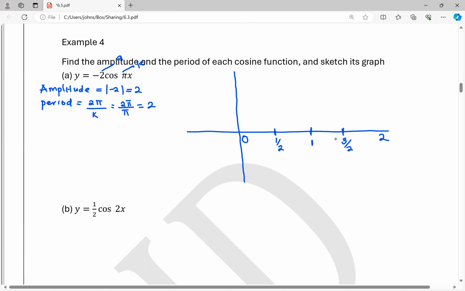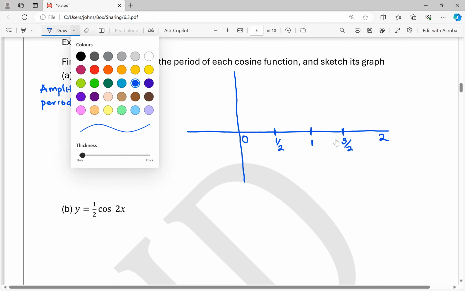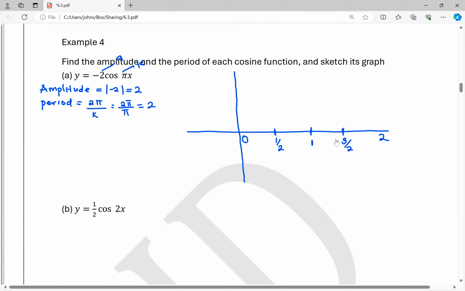Over 2, right? Okay, so what is the maximum we can go? It is going to be 2, right? And the minimum we can go is also minus 2.